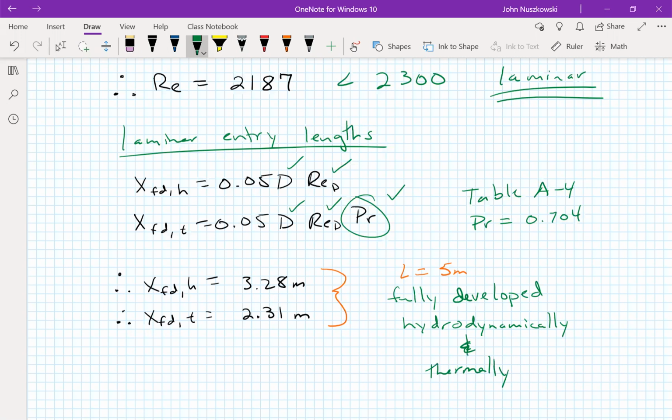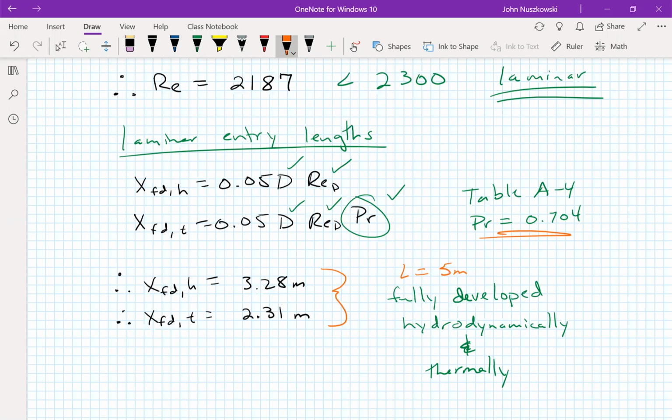So if we saw ours, our Prandtl number is 0.7, so it made our thermal distance just a little bit smaller than the hydrodynamic distance, right? But if we had a high Prandtl number, our thermal distance could be much higher than our hydrodynamic.